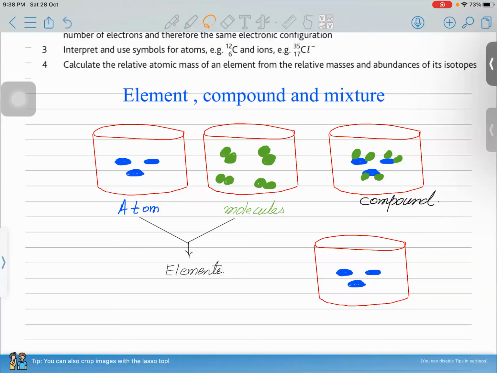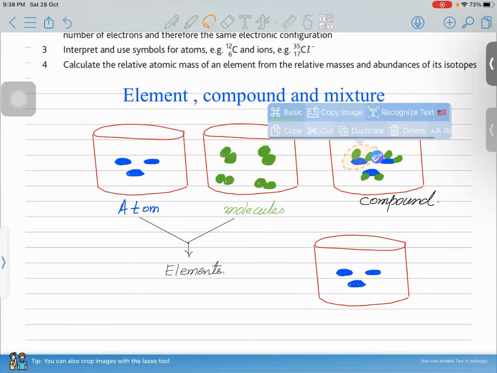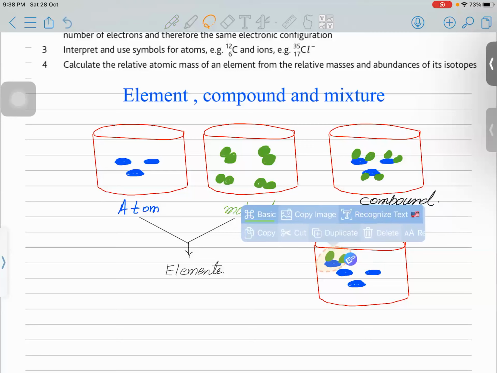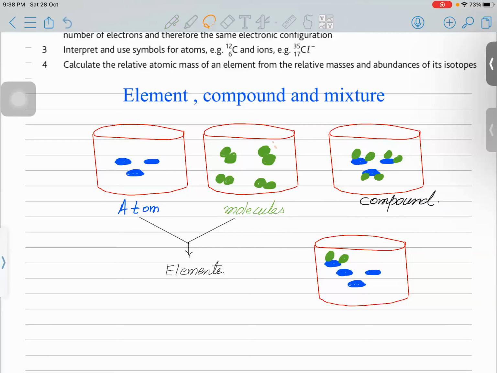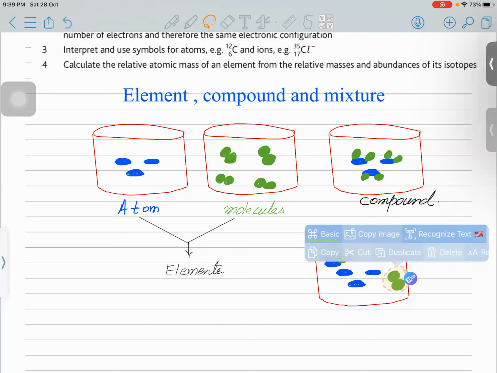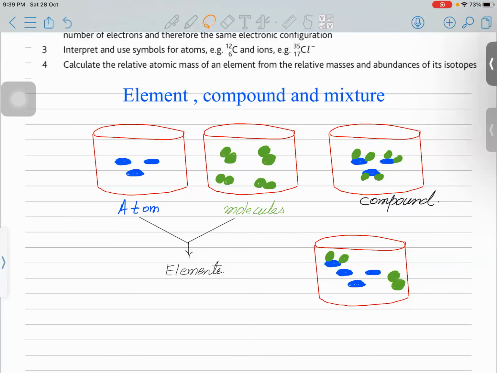If you have this one also, here you have many different kinds of atoms and molecules. This is called a mixture.